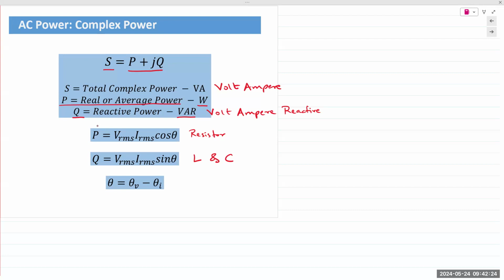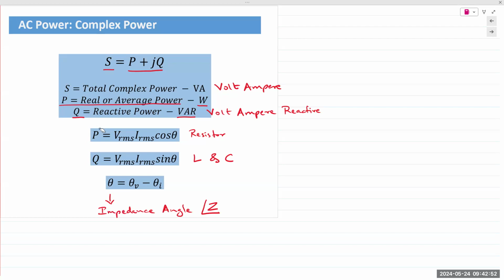Power angle theta is the same as the impedance angle because it's the difference between the voltage and the current. It's the same as the impedance angle, which is the phase angle of Z. Impedance for the inductor or the impedance of the capacitor, right?